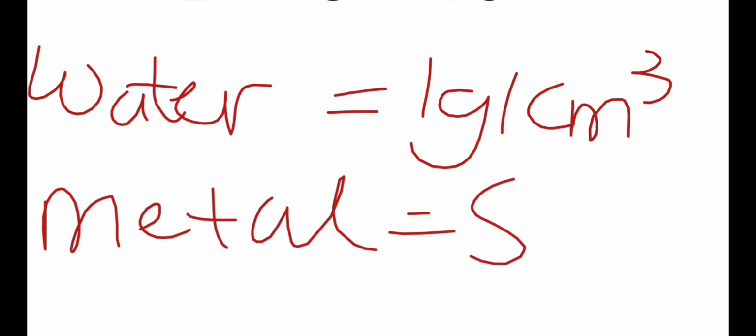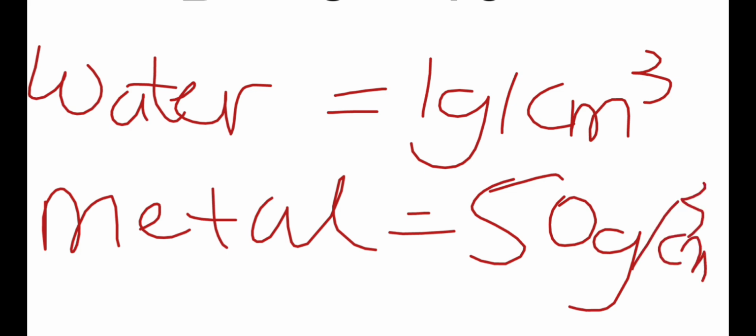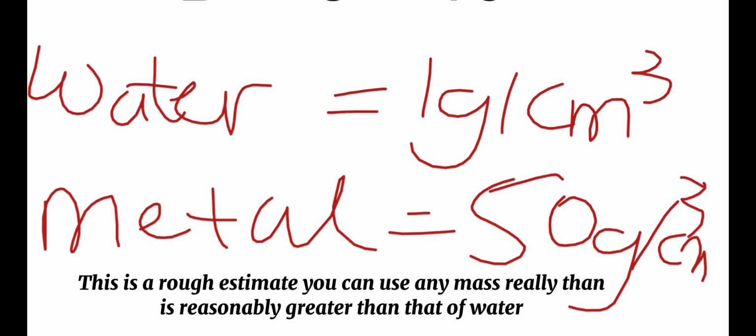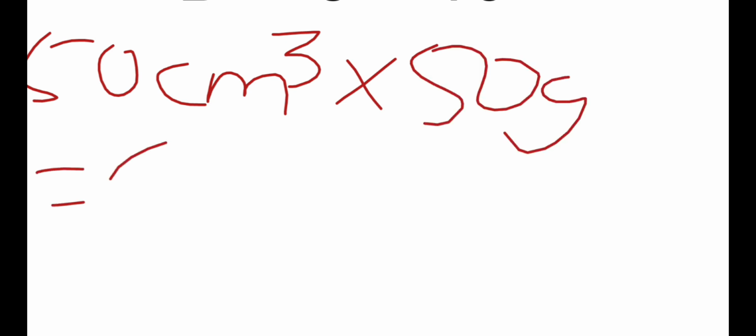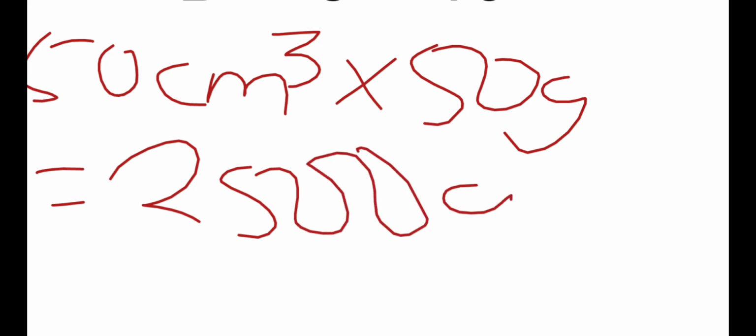It might weigh maybe 50 grams per cubic centimeter, right? So if I have 50 grams in 1 cubic centimeter, I have 50 cubic centimeters of my metal, and if I multiply by 50 grams, I end up with 2,500 grams. Okay, so I can assume that this piece of metal has a weight of 2,500 grams, right? These are just estimates. You can really use any density that's just above that of water. You get an answer that is at least close to the true value.